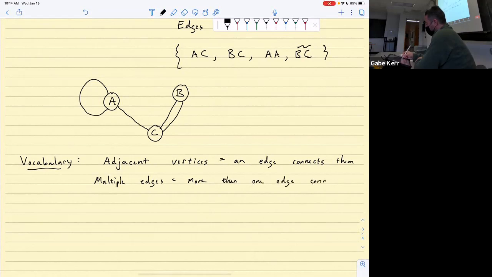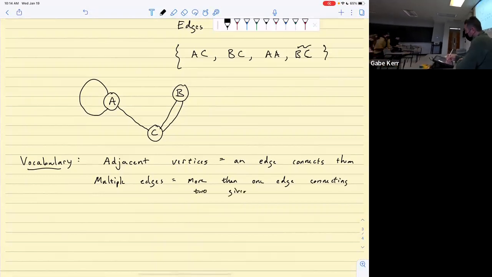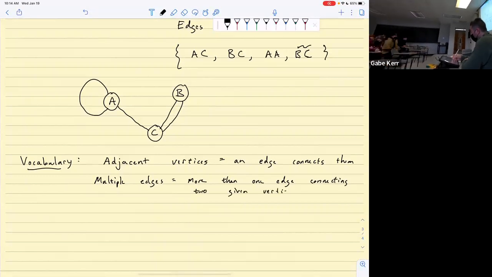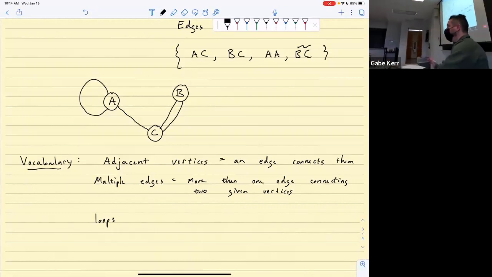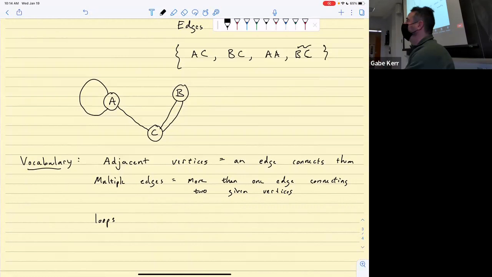Edge connecting two given vertices. So I know you may be like, come on, we can see all of this. This is ridiculous. It's just English. You're using English. This is not math. It's true.